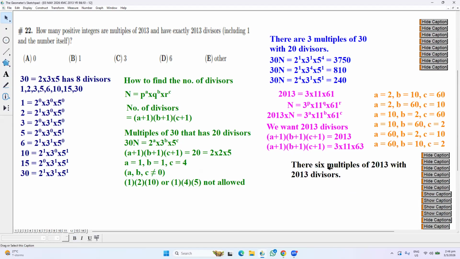So there are 6 multiples of 2013 with 2013 divisors. The number of divisors is sure 2013, but there are only 6 such numbers. Answer is D.